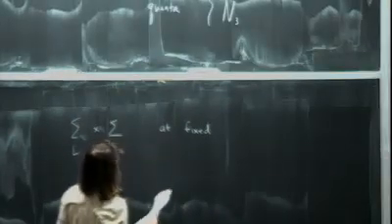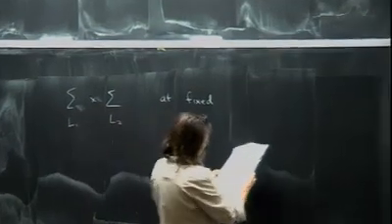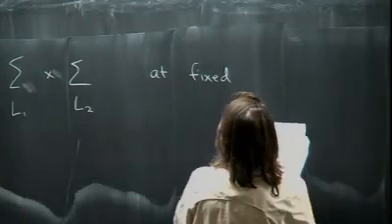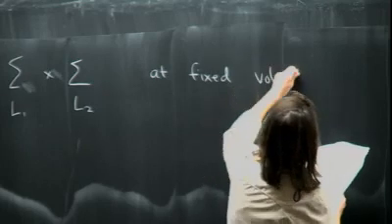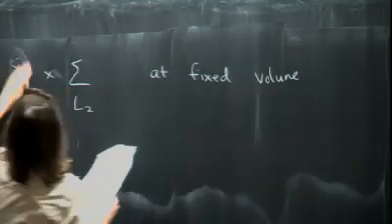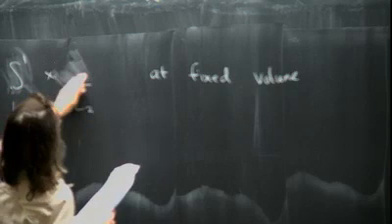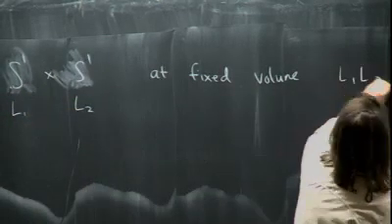Let's say this one has a length scale L1, this one has a length scale L2. You can work at fixed volume, fixed L1, L2.